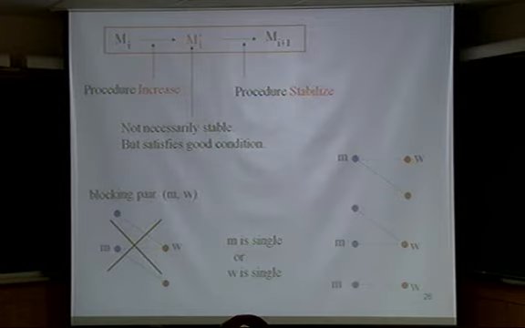The intuitive reason is that if there is this kind of blocking pair, we just change the partner of M to W, and then we don't decrease the size. But if such a blocking pair exists otherwise, we have to decrease the size to remove this blocking pair.